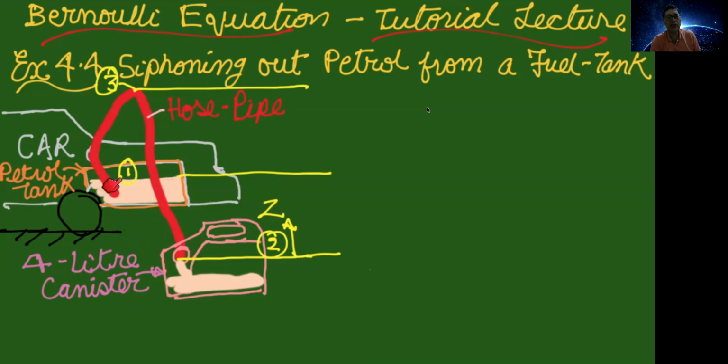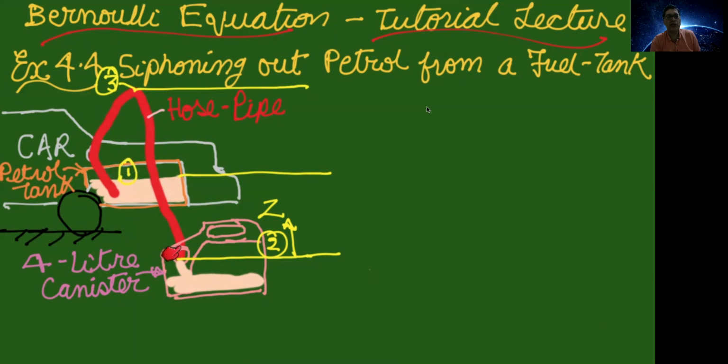So the kinetic energy is 0, the pressure is atmospheric, and the elevation will be given to you as Z1.